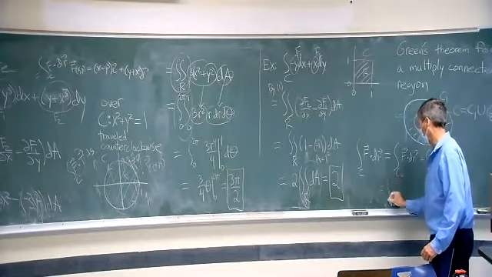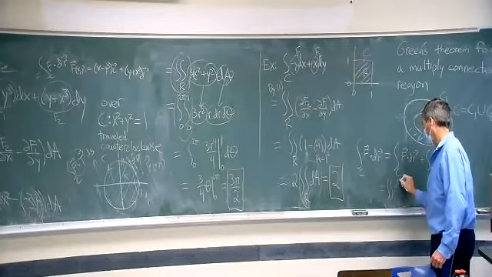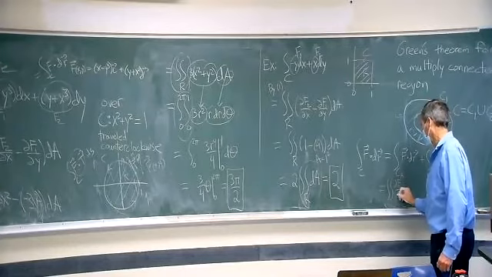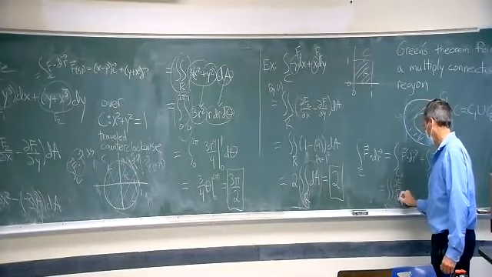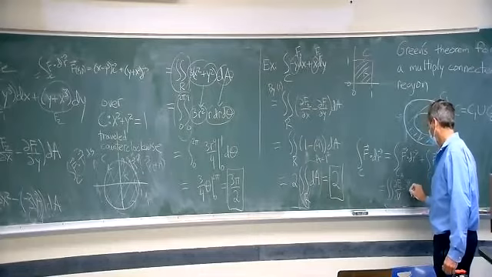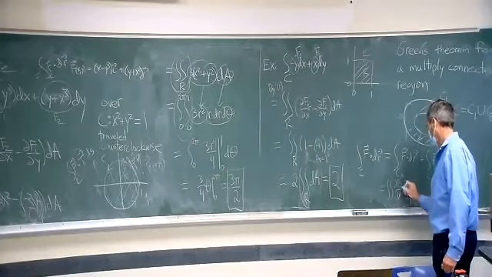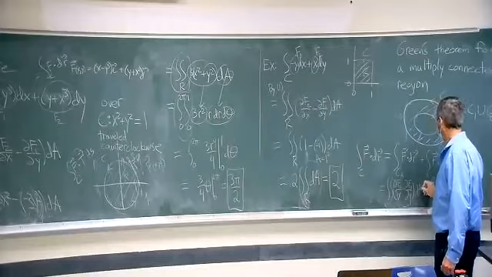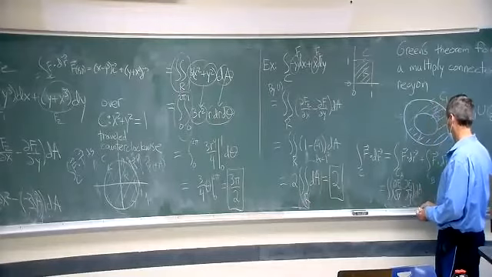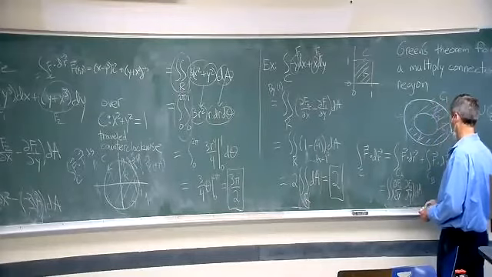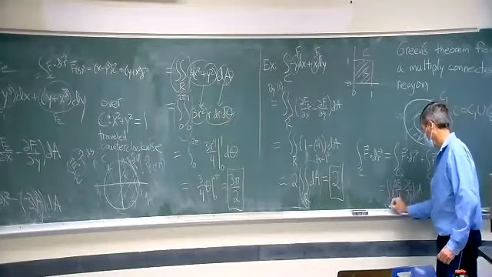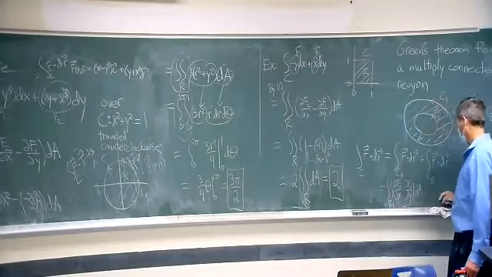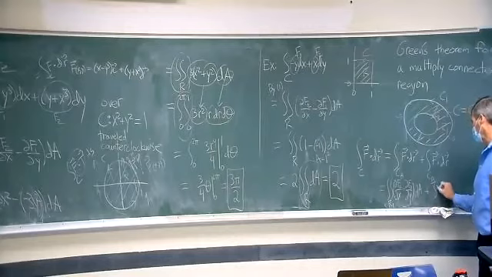This is equal to the double integral of df2 dx minus df1 dy dA taken over region R1, since Green's theorem applies to it, plus the double integral over region R2.